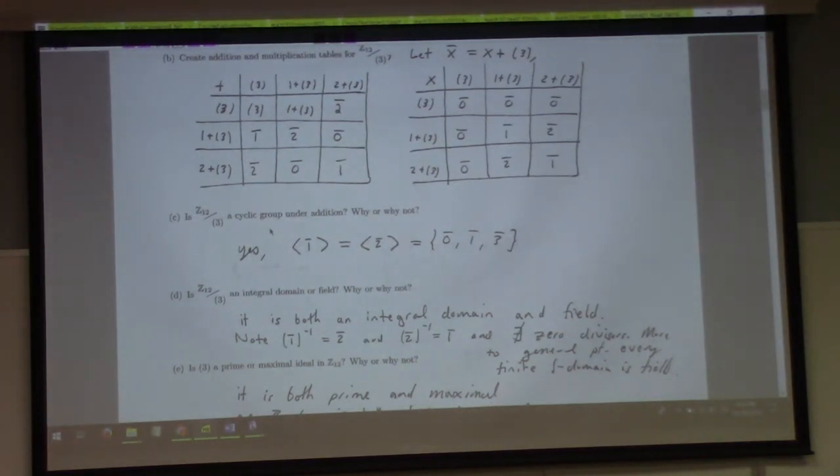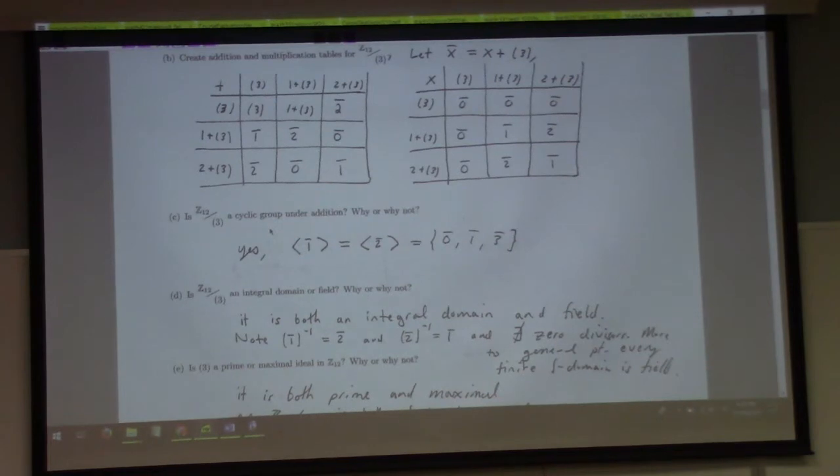I can go back, but you can also glean it from the main theorems we have about maximal and prime ideals, namely that a commutative ring mod a maximal ideal gives us a field, and a commutative ring mod a prime ideal gives us an integral domain. So since a field is also an integral domain, maximal must also be prime, but not vice versa, because not every integral domain is a field.